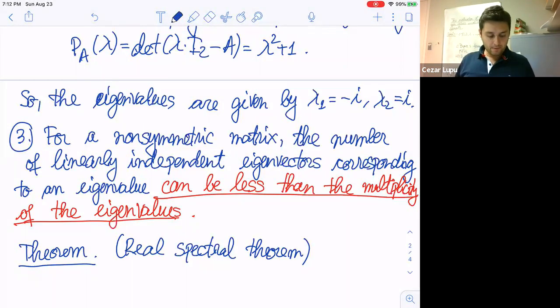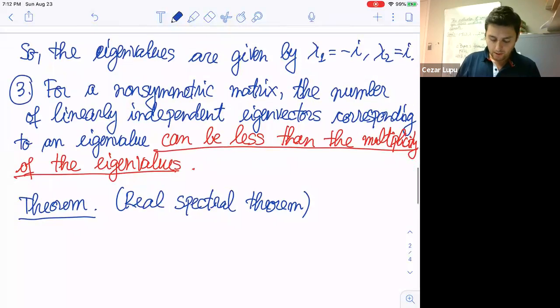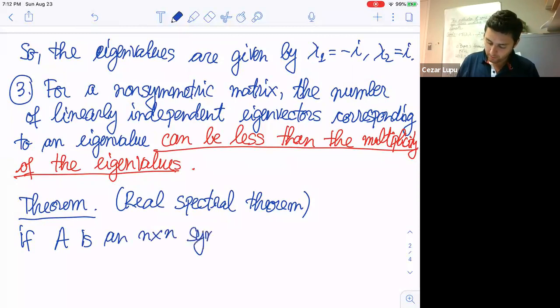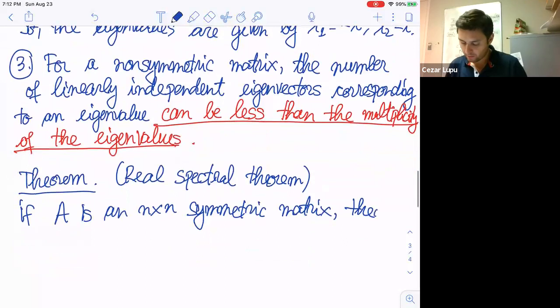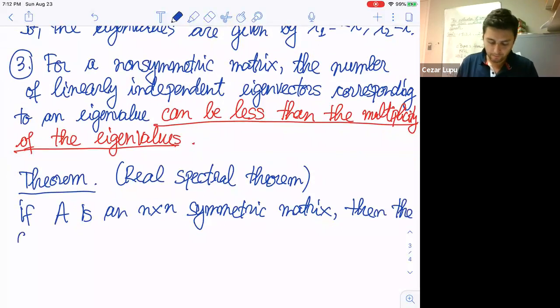The theorem says the following: if A is an n by n symmetric matrix, then the following properties are true.